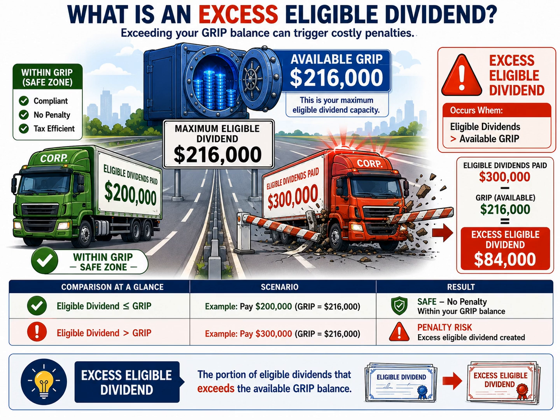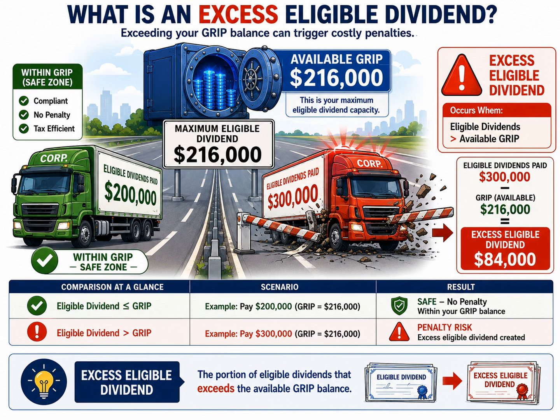And this leads us to the official definition. An excess eligible dividend occurs whenever eligible dividends paid exceed the corporation's available GRIP balance. Notice that not all of the dividend becomes problematic. Only the portion above the available GRIP is considered an excess eligible dividend. The comparison table at the bottom summarizes the rule.